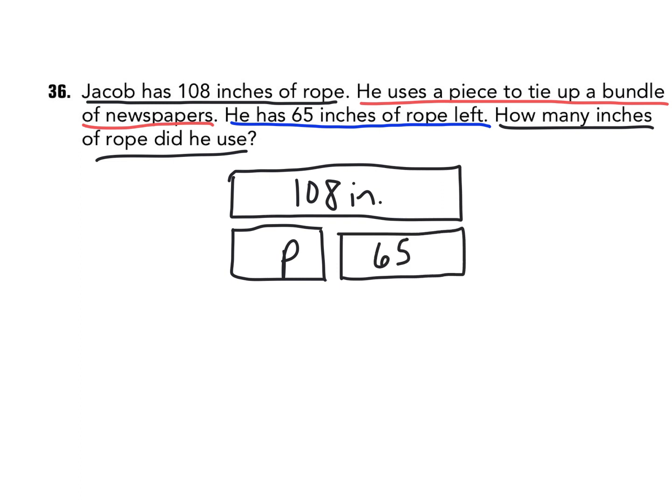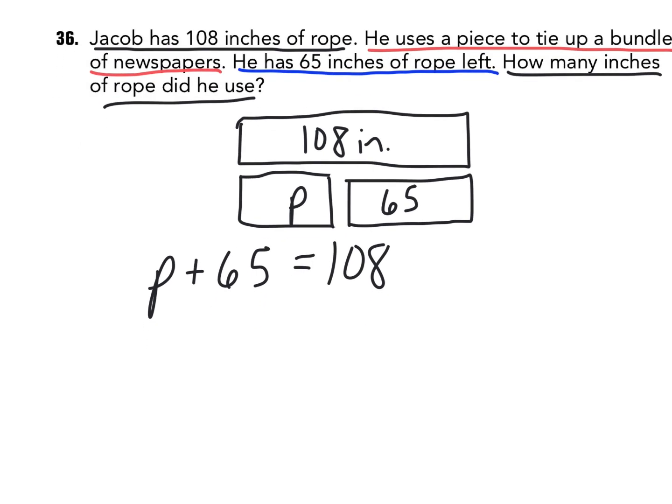65 inches left. Okay, so one way, if you look at this, the piece of rope plus the 65 inches left, those two pieces added together, equal the 108 inches that we started with. So this would be one way you could work this out. They're adding, so you could subtract 65. And when you subtract that, you'll have to borrow here.